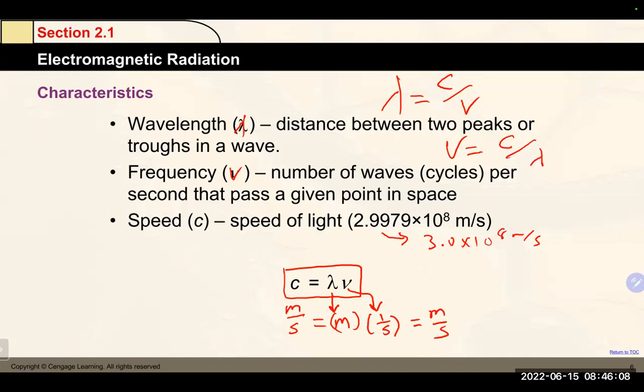As we talked about yesterday as well, make sure you use your exponent button. Definitely in this chapter, don't use anything other than your exponent button when you're punching those numbers in. So basically, if you know the frequency, you can figure out the wavelength, and vice versa. If you know the wavelength, you can figure out the frequency of that wave.